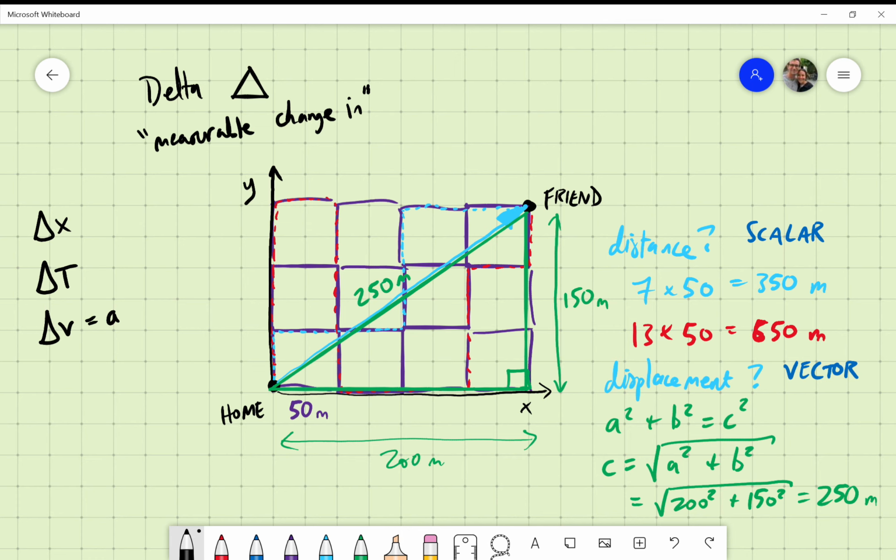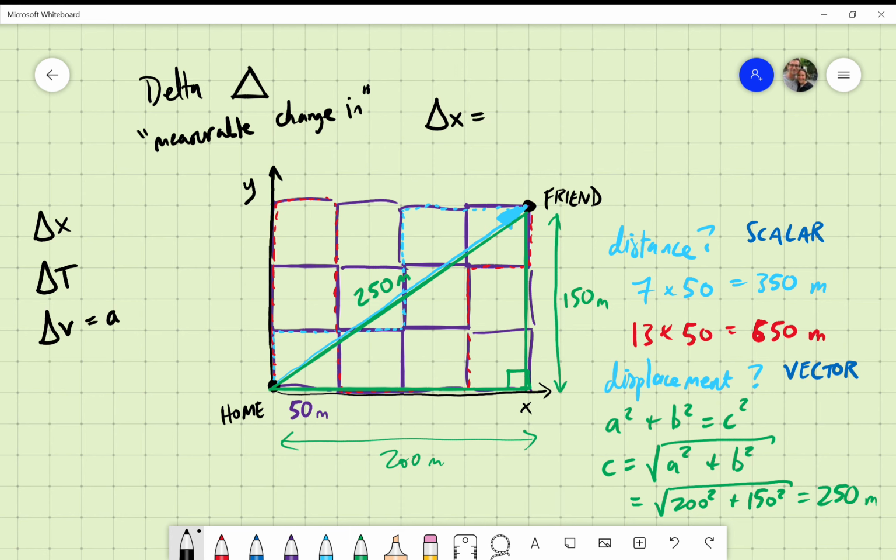Once we do that, just like a typical Cartesian plane, a term we introduced last video, named after René Descartes, the xy coordinate plane. Once we set that up, now we can ask, what was delta x? What was the change in x? What was the measurable difference in x?